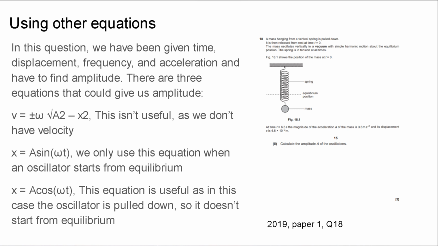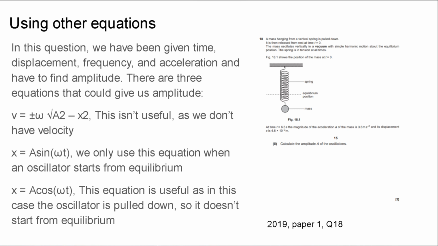The first one, v equals plus or minus omega times the root of a squared minus x squared, isn't useful because we don't have velocity. The second, x equals a sine omega t, you only use when the oscillator starts from the equilibrium point.